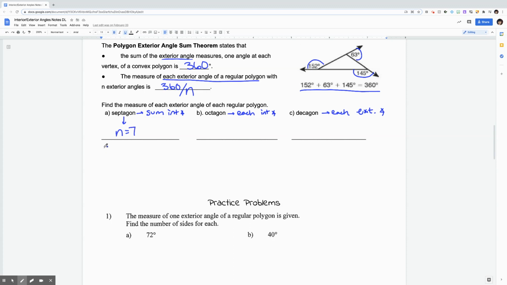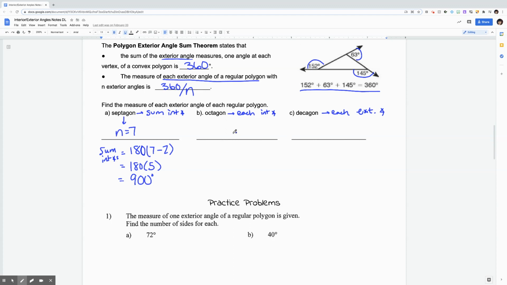So the sum of my interior angles is 180 times n minus 2, which is 7 minus 2. Okay, so that's 180 times 5, and 180 times 5 is 900 degrees. So that would be my final answer for that one.